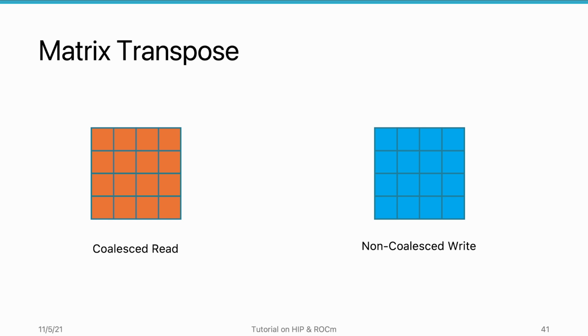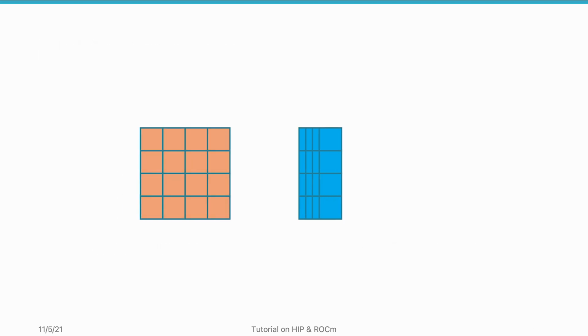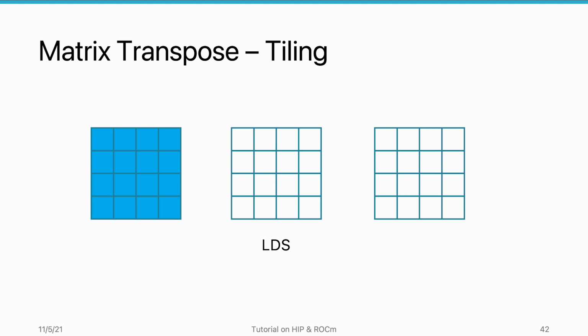So let's look at the solution in the figure first. Assuming we have an LDS and we have a tile of the matrix. This is not the full matrix, it's just a small region of the matrix. It can be something like 8 by 8, 16 by 16, or 32 by 32, but typically it cannot be larger. This is limited by LDS size.